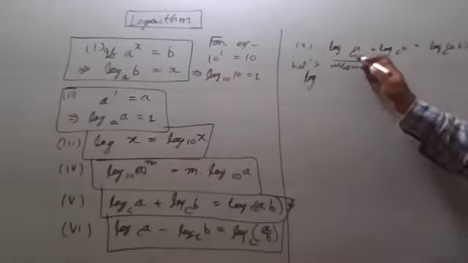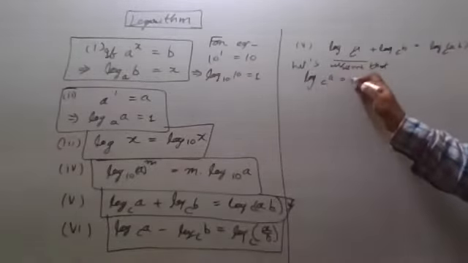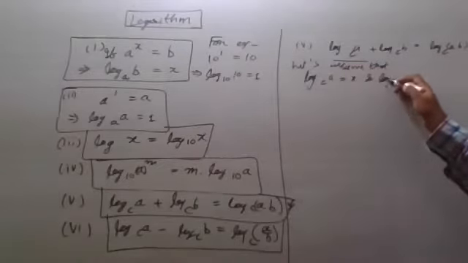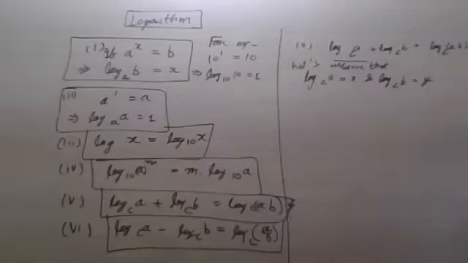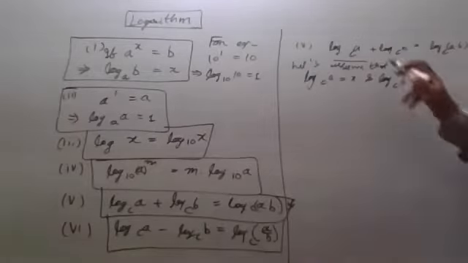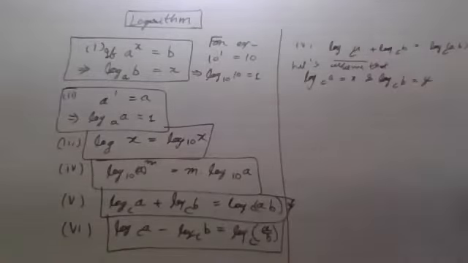So let's assume that log a to the base c equals x and log b to the base c equals y. Okay. And we have to find what? Log a base c plus log b base c.